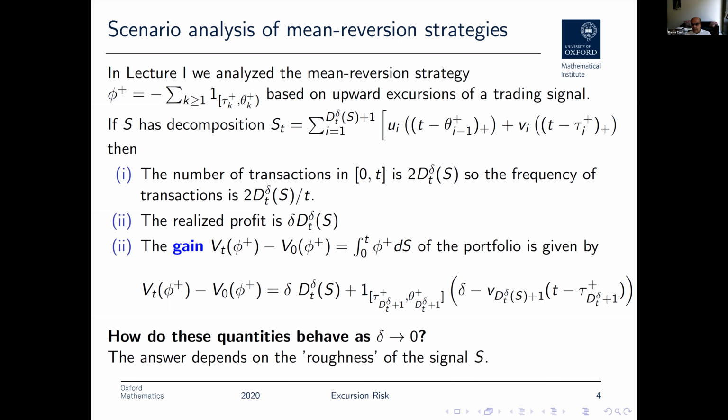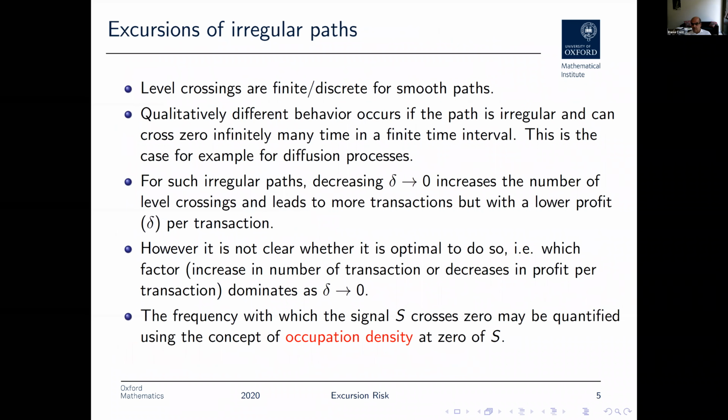And we will see that the answer depends strongly on the roughness of the signal. In fact, we're going to establish quantitative relations between these quantities and the roughness of the signal, which we will define in a very careful way. So that's going to be the focus of today.